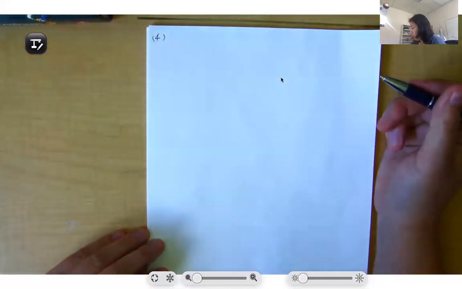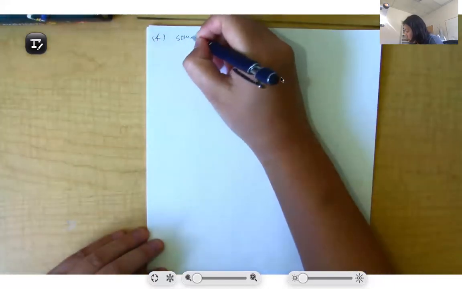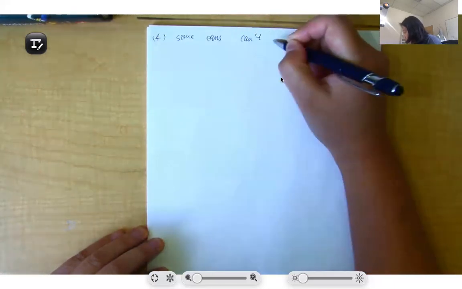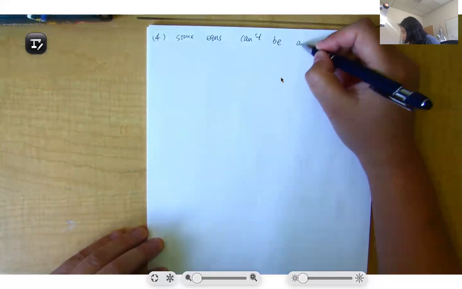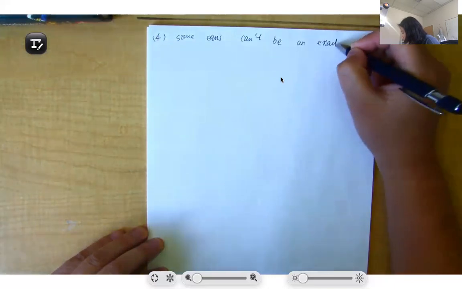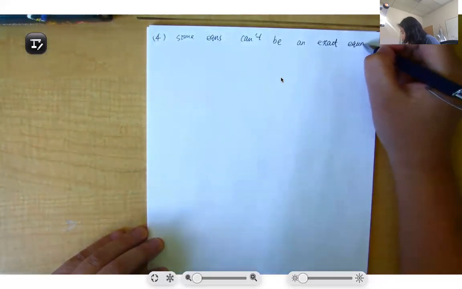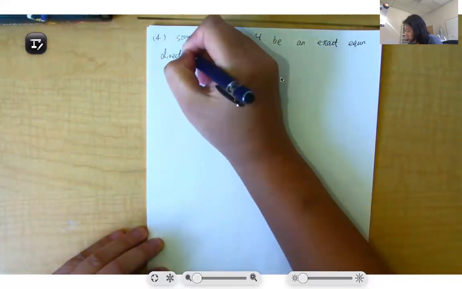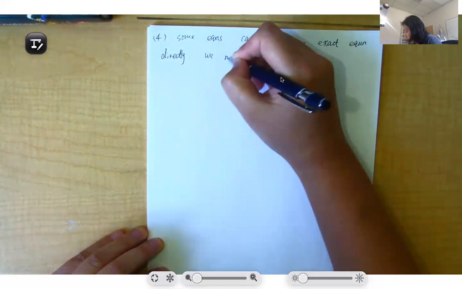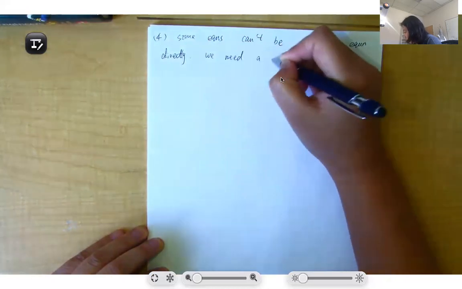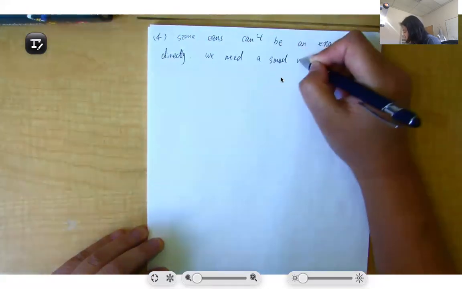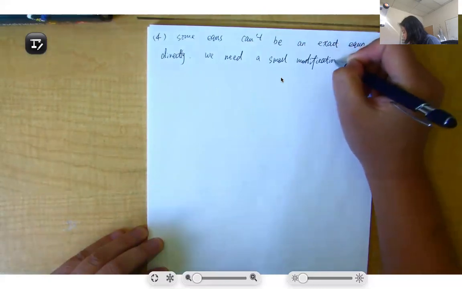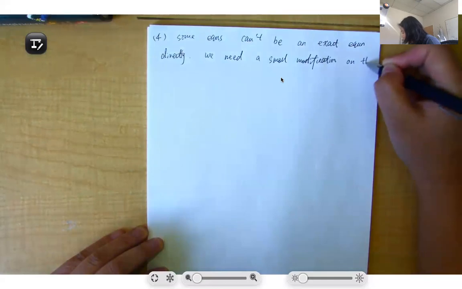Some equations cannot be exact equations directly, and we need a small modification on the equation.